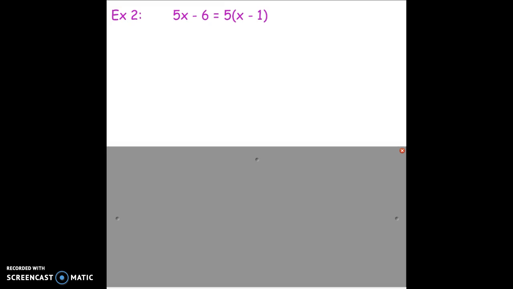Let's look at this one. 5x minus 6 equals 5 times x minus 1. So I've got 5x minus 6 on the left. I'm going to distribute on the right. So I've got 5x minus 5.